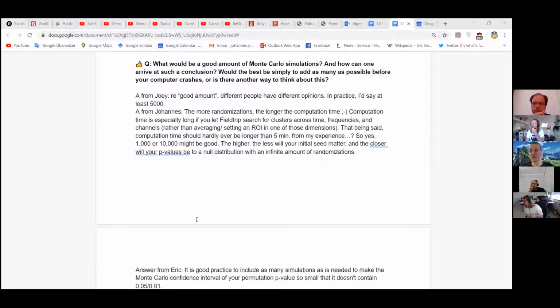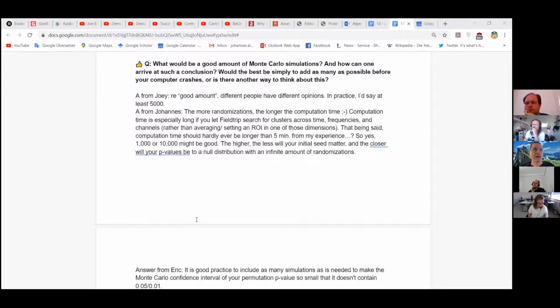That is not the case for a permutation p-value, because that is actually based on random sampling. So you randomly permute your data, and then for every random permutation, you calculate a test statistic, and that gives you a histogram of test statistics under the null hypothesis. And under that histogram, you then calculate your p-value.